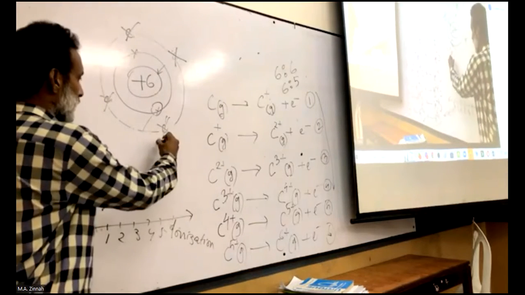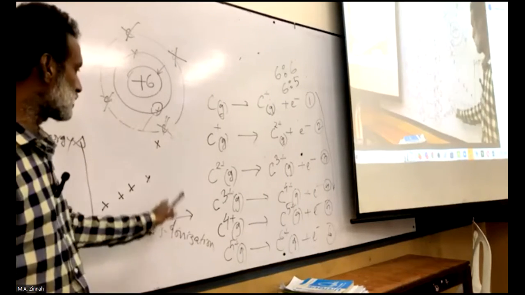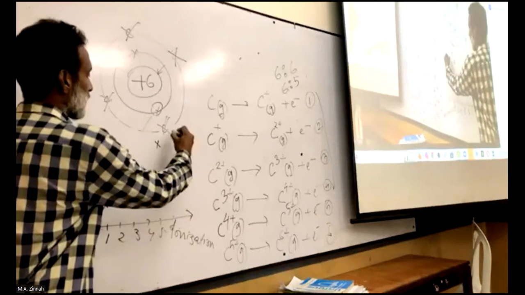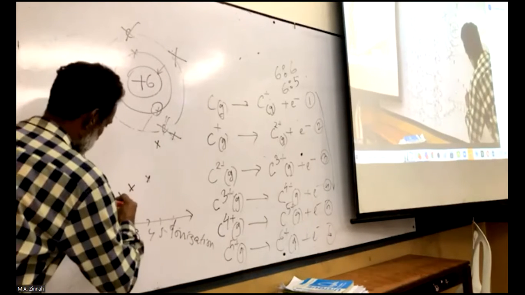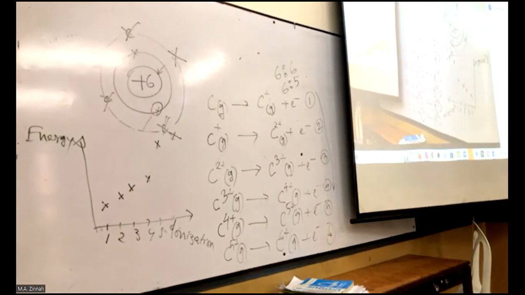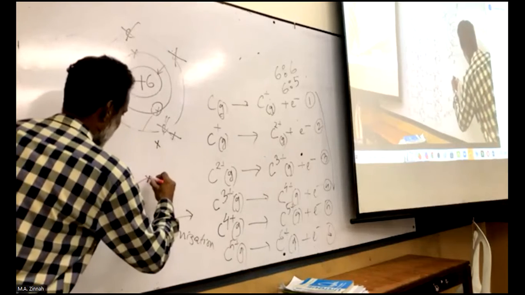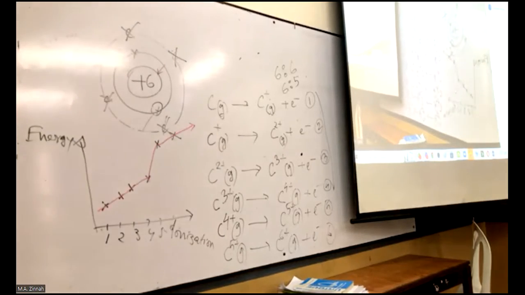It will be here because the electron is being removed from the inner shell. Now the next one is again gradual. So are you clear with the graph? We have explained them in terms of electrons.